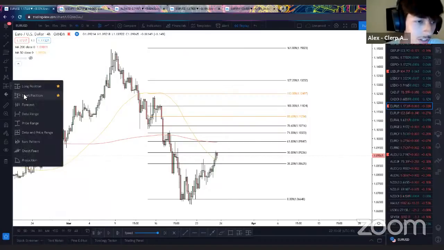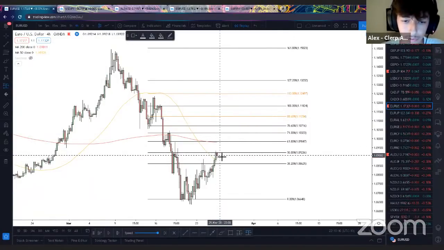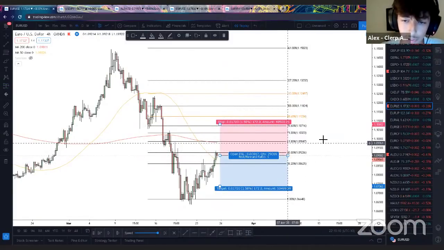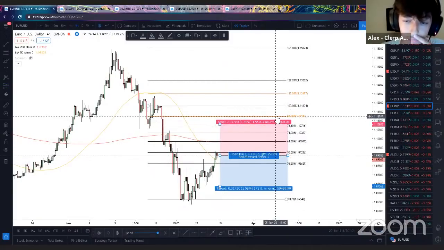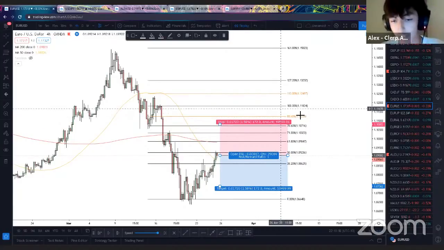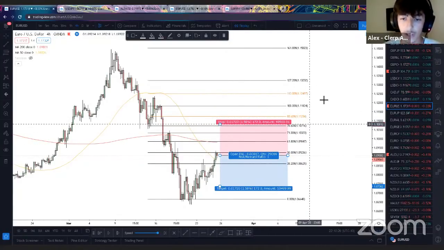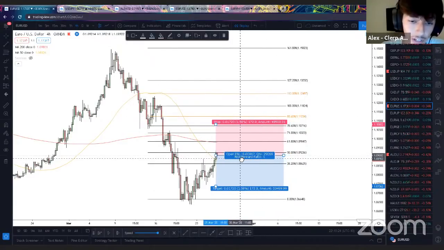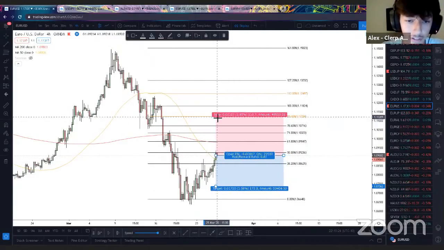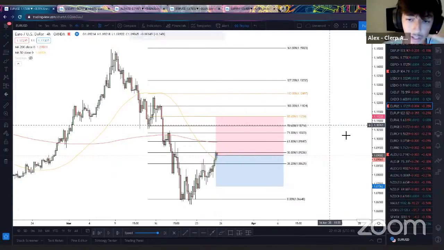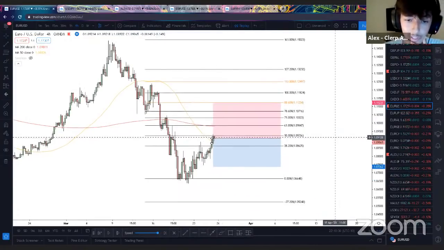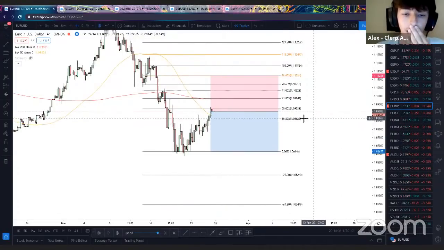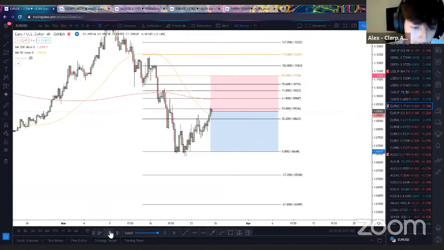And when it's rejecting the 38, 50, or 61, I put a stop loss at 88.60%, and if it's rejecting the 71 or 78, I put it at 113. So with this one, it's rejecting the 50, and I'm actually going to enter here. I'm going to set my stop loss to this 88.60%. I'm going to set my take profit at least down here, and we'll see how this goes.